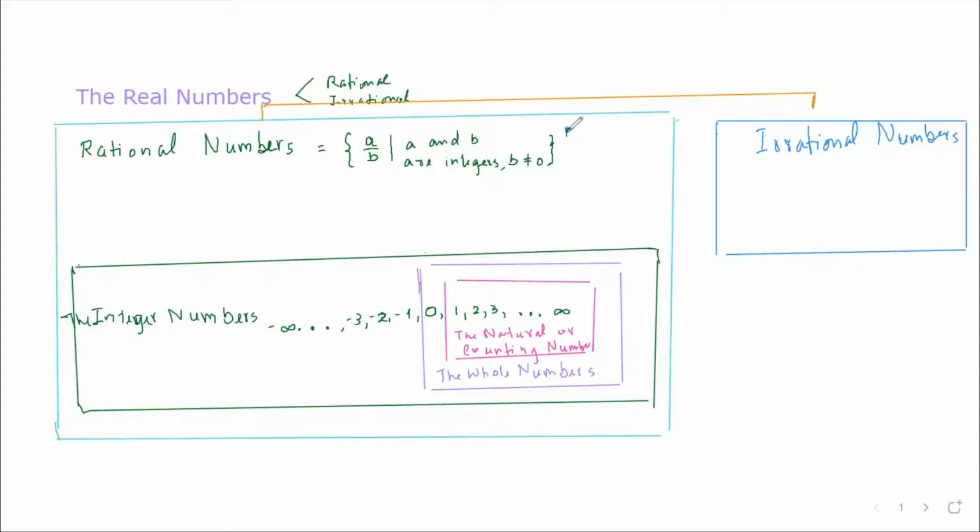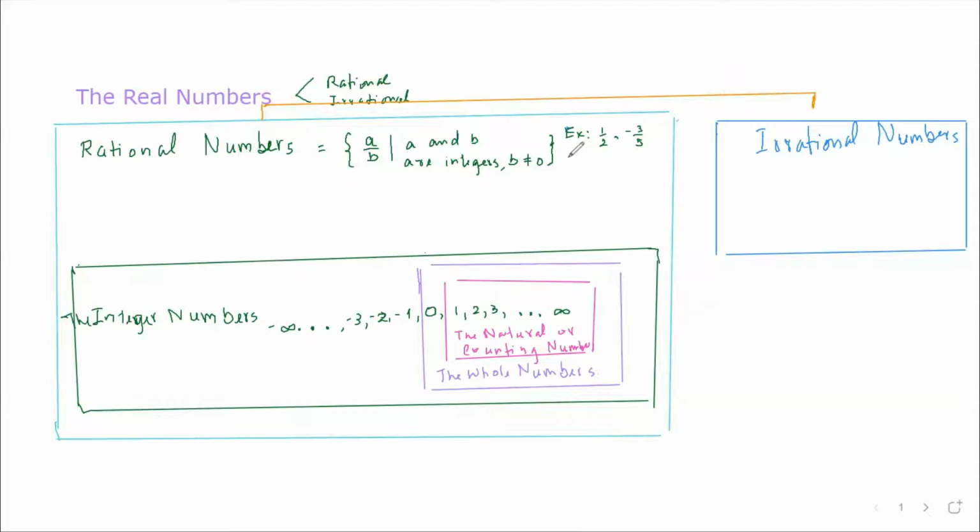For example, for rational numbers, like 1/2, or maybe 3, -3/5. These rational numbers can be written down as a fraction.